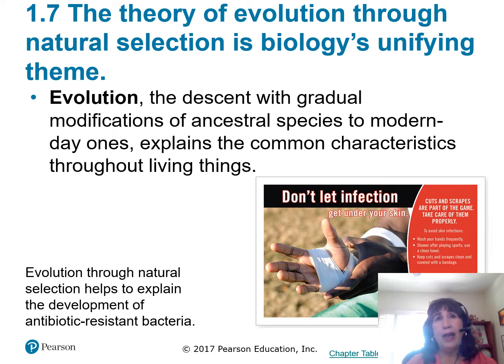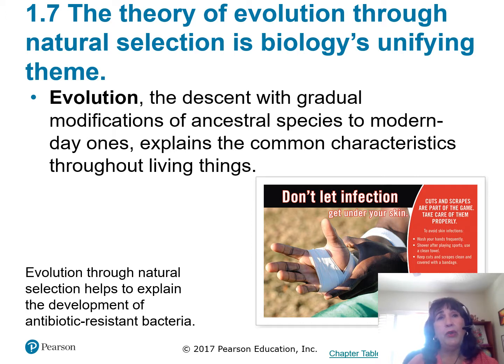Here it says evolution is the descent with gradual modifications of ancestral species to modern day ones, and this explains the common characteristics throughout living things. So we can have change over time, and this is a gradual thing.